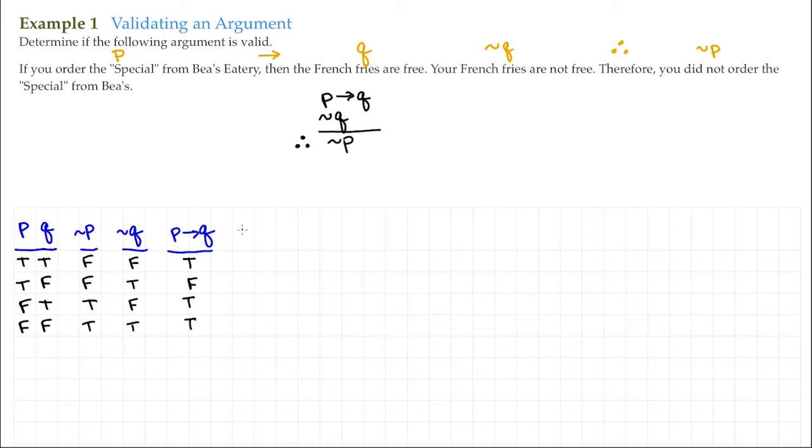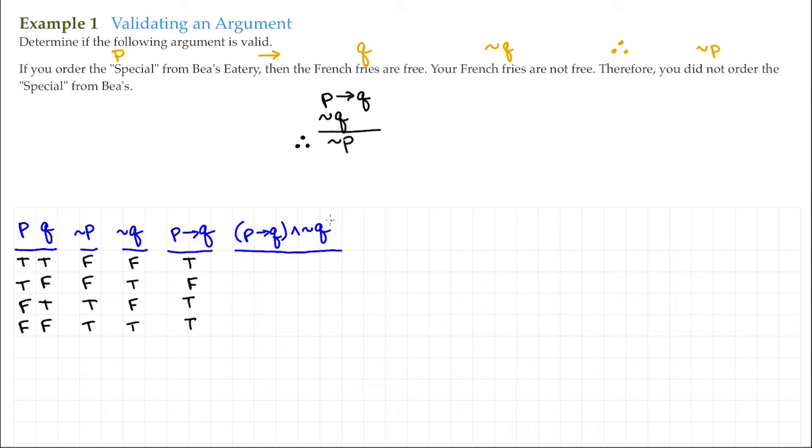So I'm going to have if P then Q and not Q. So that's the idea for building the argument. These premises, both this premise and this premise, must support the conclusion. So we build a truth table based upon that.